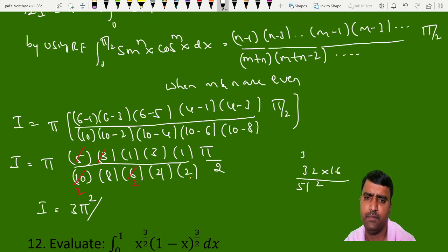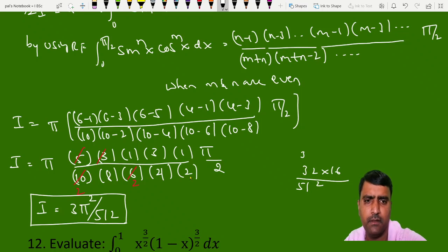So I is equal to 3 pi square divided by 512.